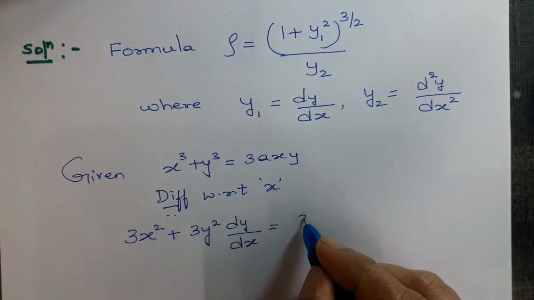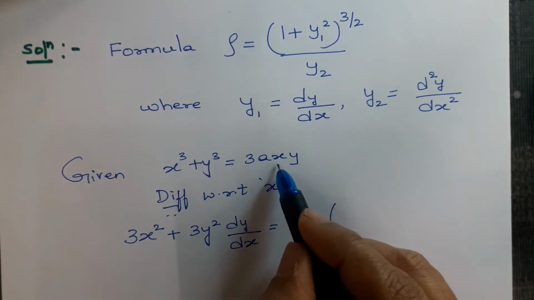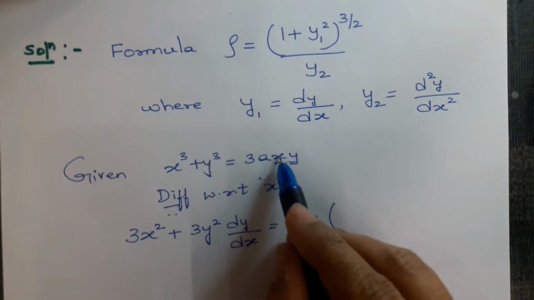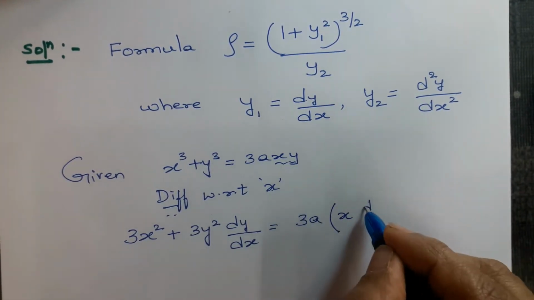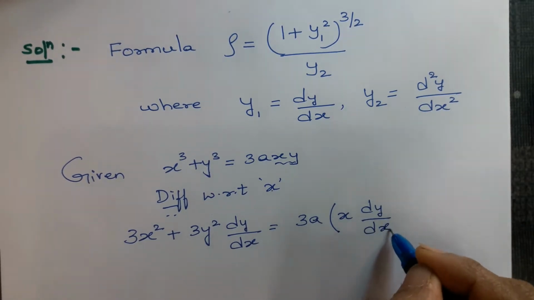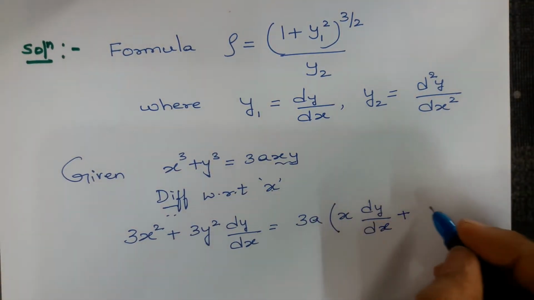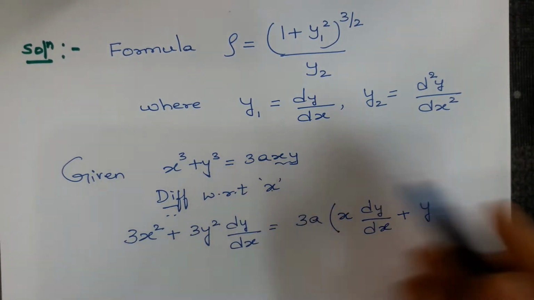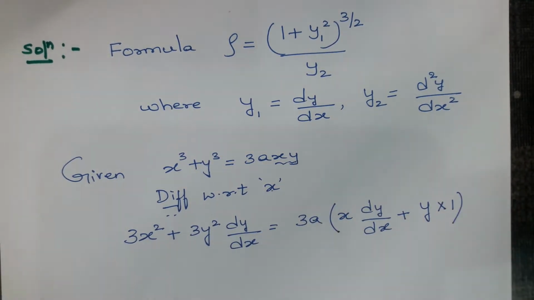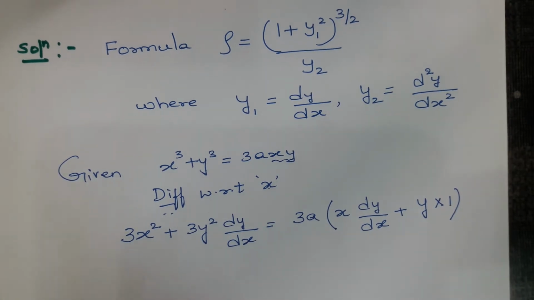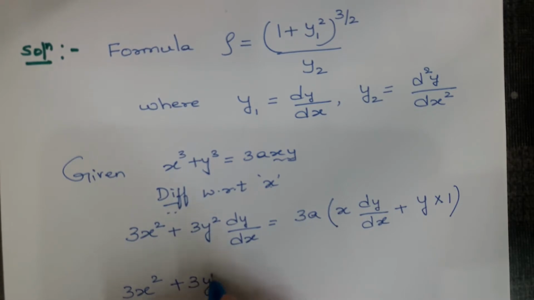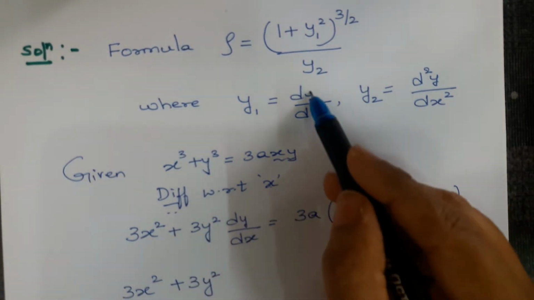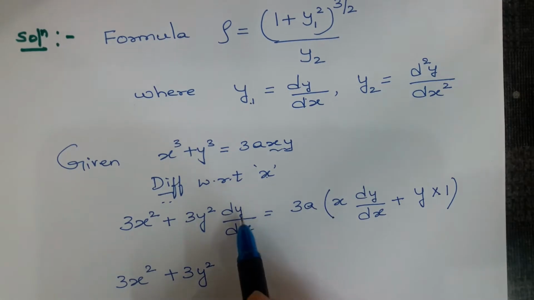On this side 3a is constant, I will take it out, and differentiate xy using the product rule. X as it is, y differentiated with respect to x gives dy by dx, plus y as it is, x differentiated with respect to x gives 1. So we have 3x square plus 3y square dy by dx, and dy by dx is y1, so I substitute y1.